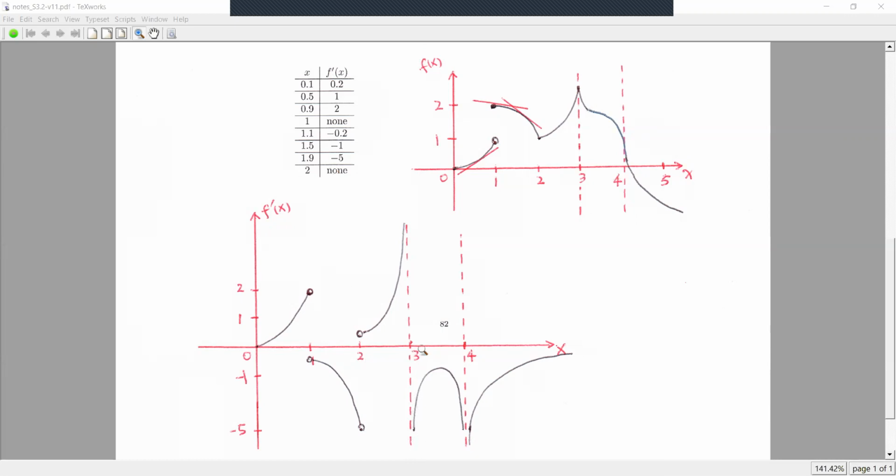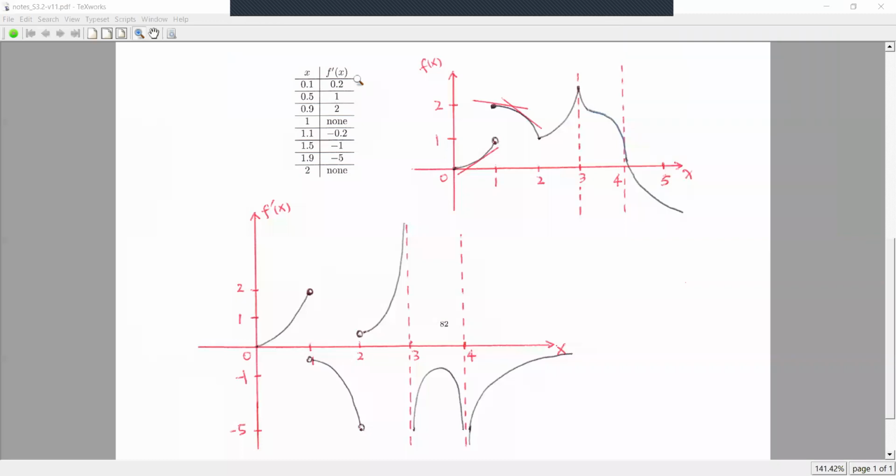Now, when x is away from 3, the derivative value is smaller and smaller, but still negative. Beyond some point, derivative becomes larger and larger, but still negative. When x is close to 4, derivative is very large, but negative. Actually, when x approaches 4 from the left side, this curve goes down to negative infinity.